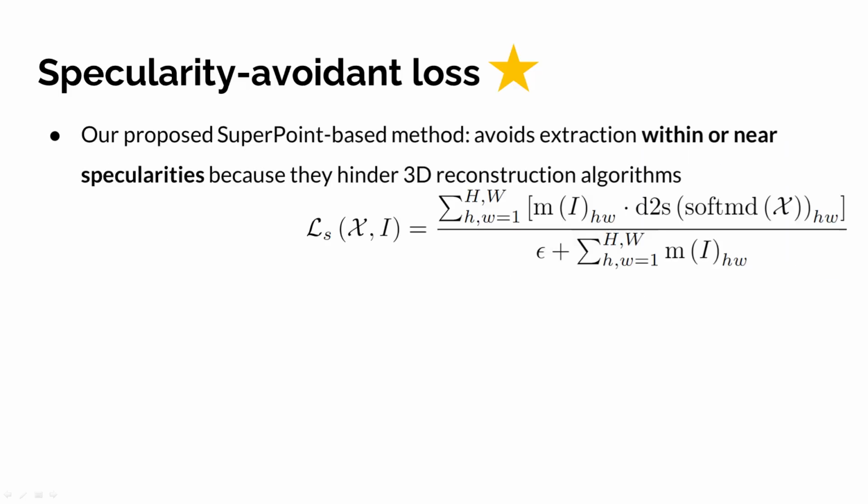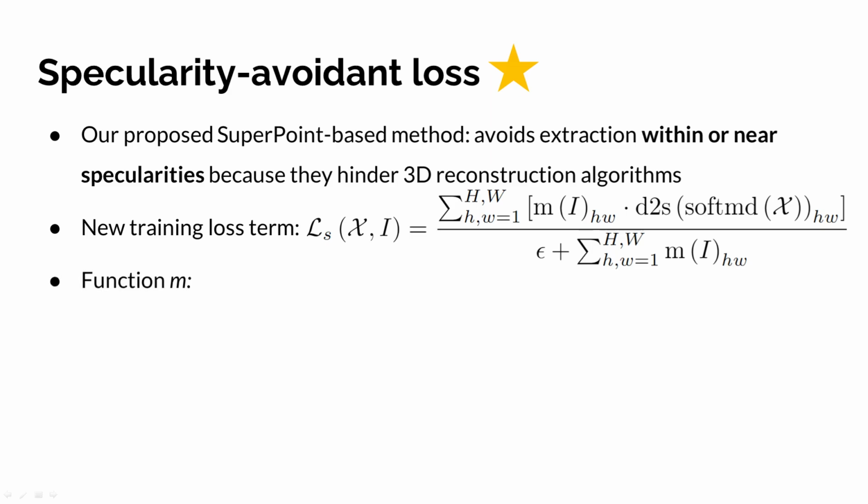But then we want to go a step further and also tell the network that not all features are desirable, and those found within or near specular reflections are bad for 3D reconstruction algorithms. We modified the framework to add a new loss term. The right part is the output of the SuperPoint network, and the left part, the function M, is a mask that penalizes features on specularities.